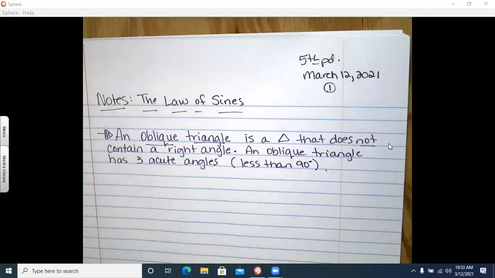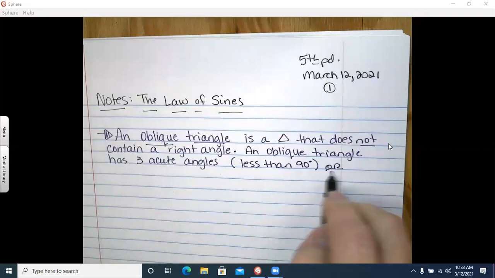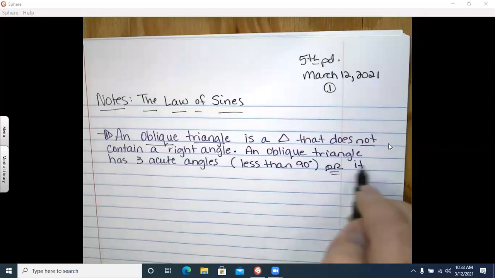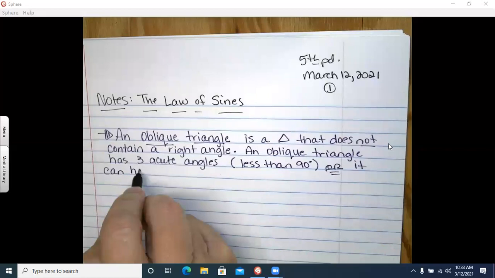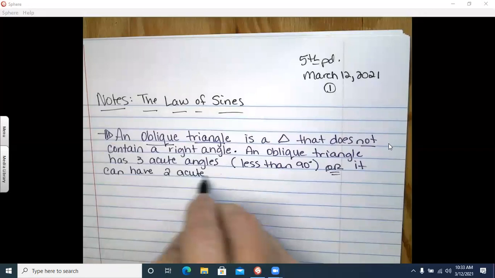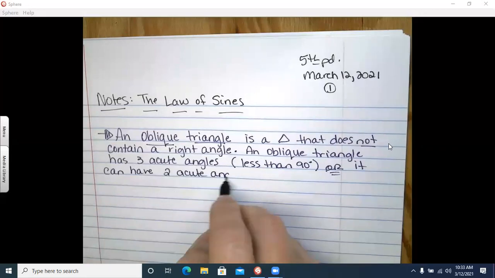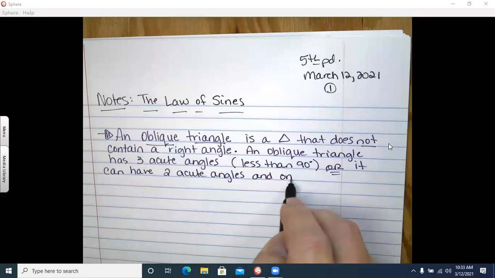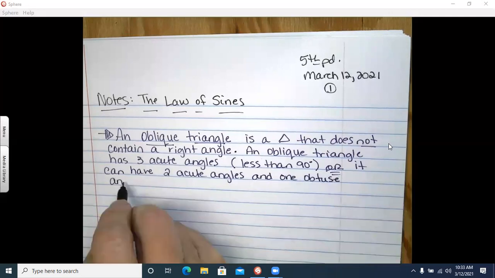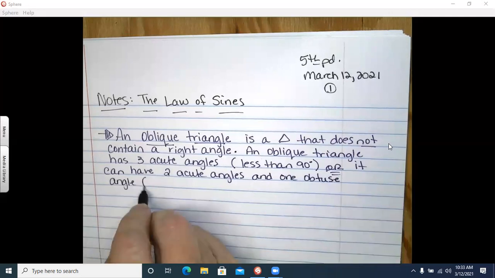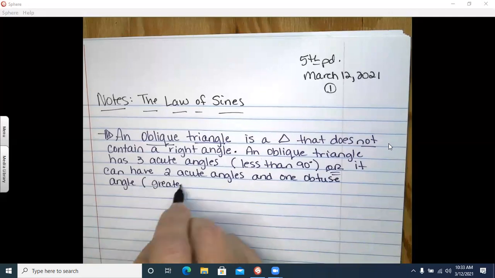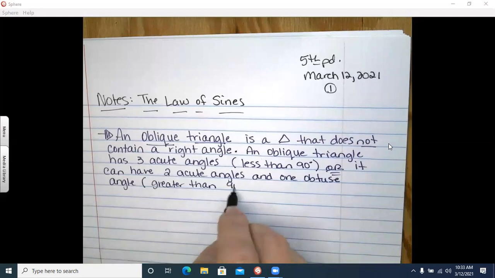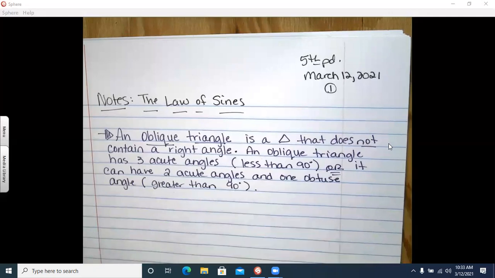Or it can have two acute angles and one obtuse angle. Remember what obtuse means? Greater than 90 degrees. So you can have one that looks like this.